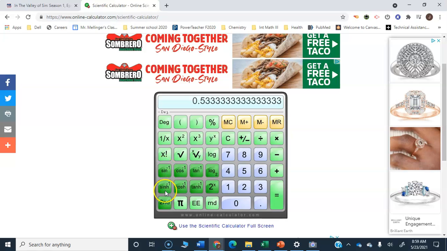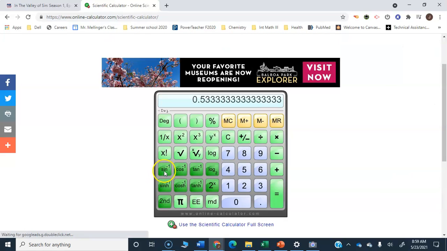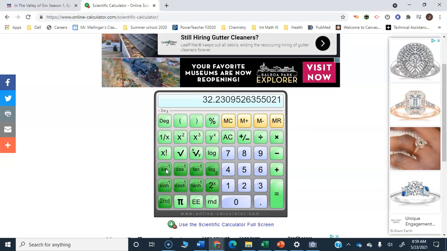Be careful, SINH, COSH, and TANH are functions that we don't use in this class. That comes in a later kind of math. They stand for hyperbolic sine, hyperbolic cosine, but don't worry, you don't need to know it. So now we're at inverse sine, and there we go. We clicked on it, and it's 32.2.